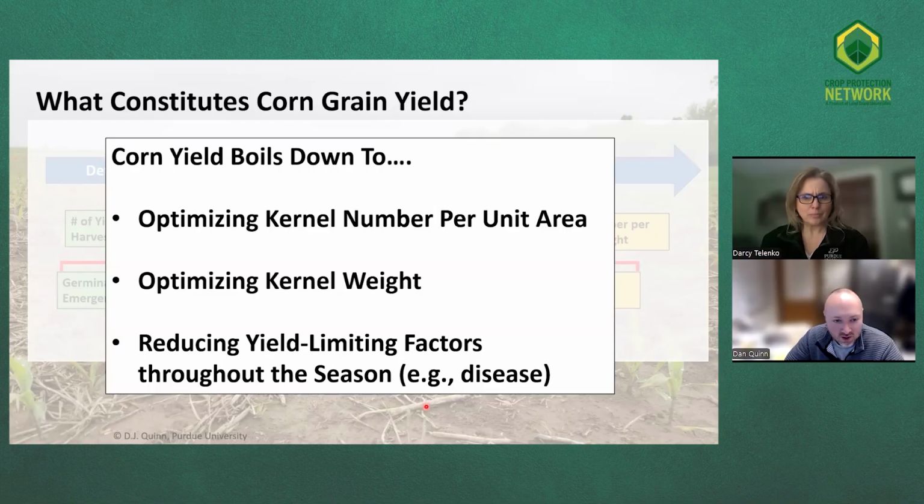So there's an inverse relationship between those two, but trying to understand both of them and how we can improve both of them at the same time is important. A lot of that has to do with reducing yield limiting factors throughout the season, right? There's a lot of yield limiting factors, a lot of stressors that we have to address and manage for, and the one we'll largely focus on today is foliar disease in corn.